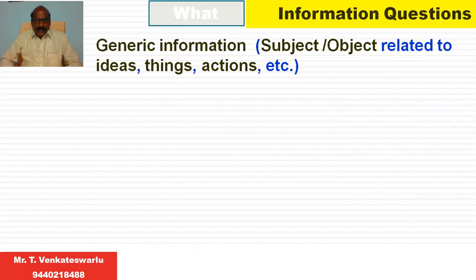Here, the question word what refers to some generic information, that means some general information, that is related to subject or object, and that subject or object is quite related to some ideas, things, actions, etc. And now let's know some examples.